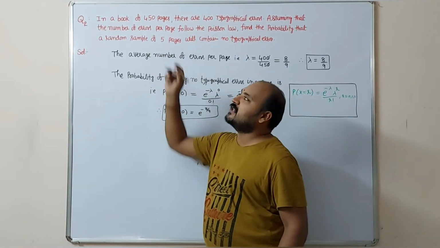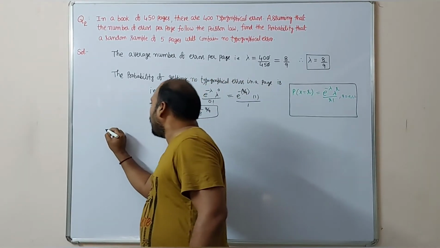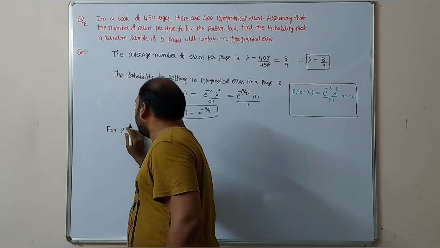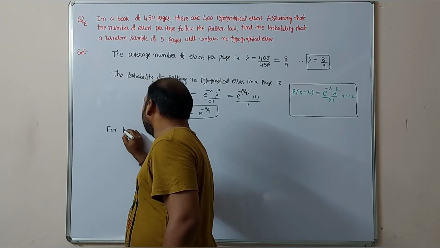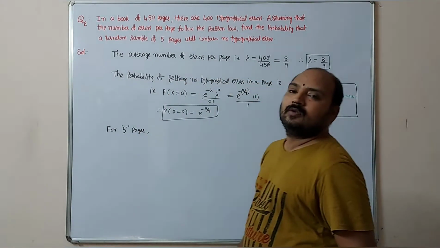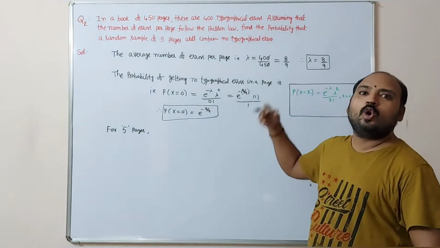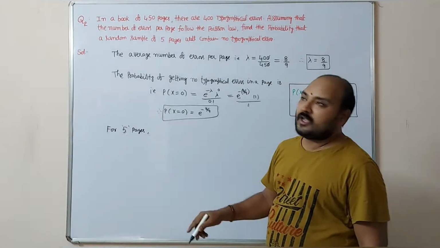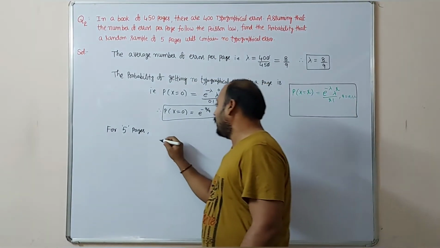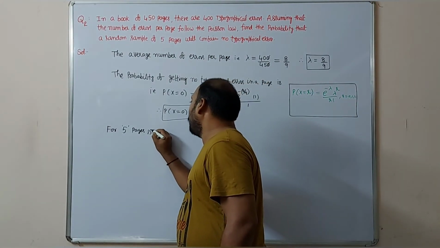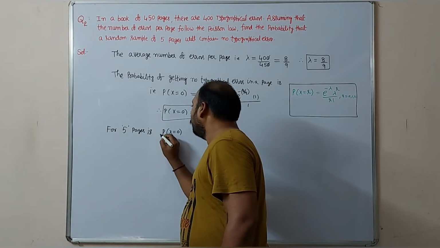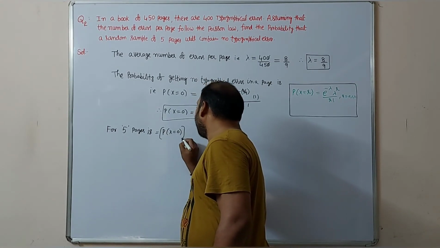But how many pages are they asking? Therefore, for 5 pages, P of x is equal to 0 whole power 5. So the probability that a random sample of 5 pages will contain no typographical errors is P of x is equal to 0 whole power 5.